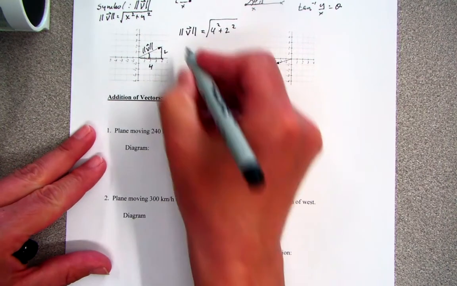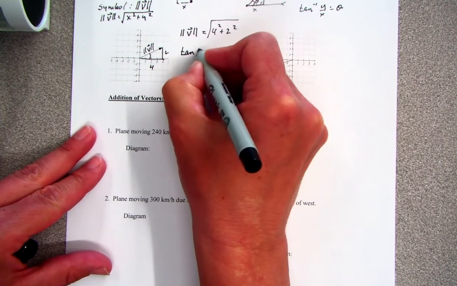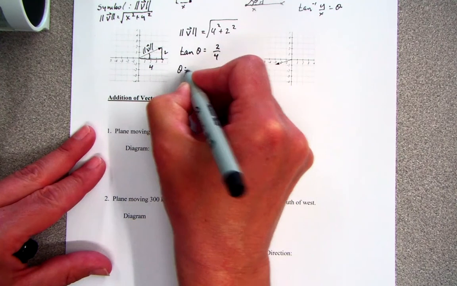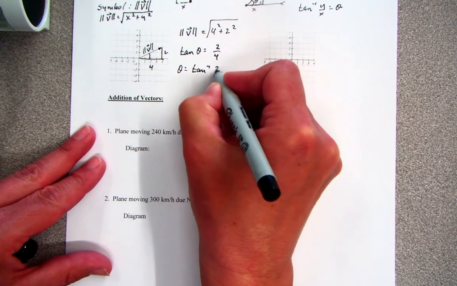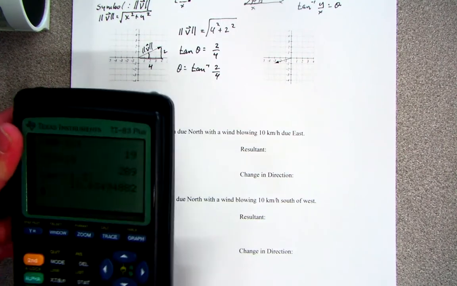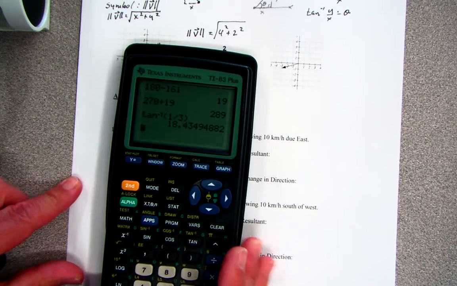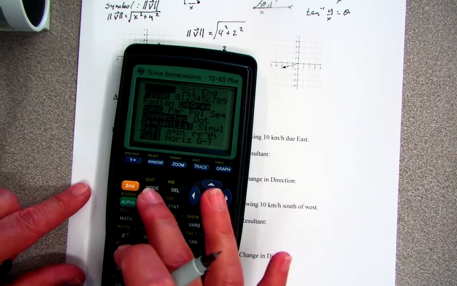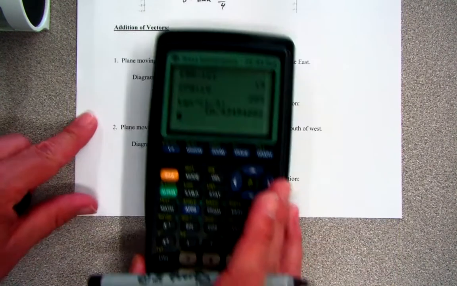I also want to know this angle. And to find that angle, the tangent of theta is 2 over 4. Recall I want theta. So it's the tangent inverse of 2 over 4. If I have a calculator, I want to make sure I'm in the correct units of measure. I want to be in degrees for this purpose, and I believe that's what your homework asks you to be in as well.